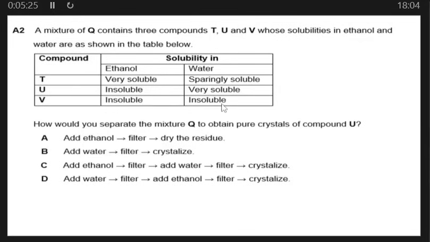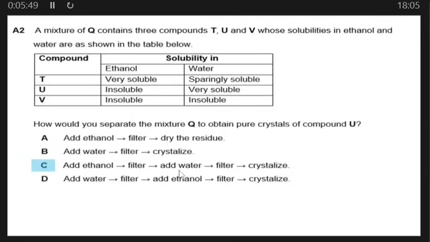V won't dissolve. Then you filter. When you filter, you get a solution which will crystallize. V will remain on the filter because it is not soluble. U will pass through. When you crystallize this solution, you get pure U. Yeah, this is correct. So our answer here should be C.